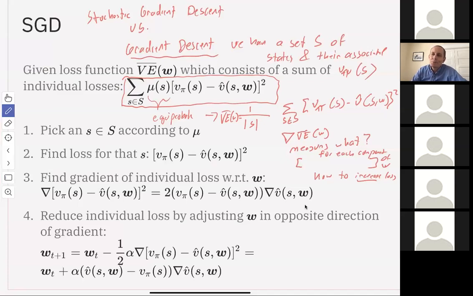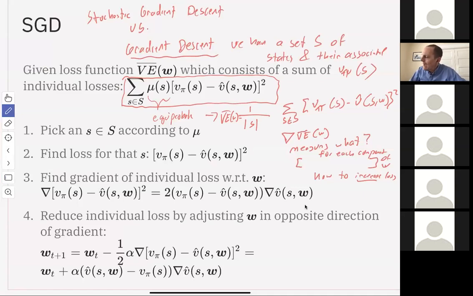If we want to decrease, we'll just put a minus sign. So knowing how to increase, it's very easy to know how to decrease as well. So therefore, I'm ignoring 1 and 2 right now, and I'm actually ignoring 3 in terms of the individual loss. I'm just talking about the total loss.